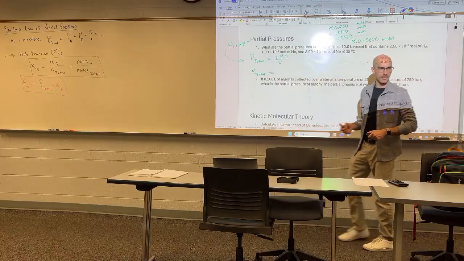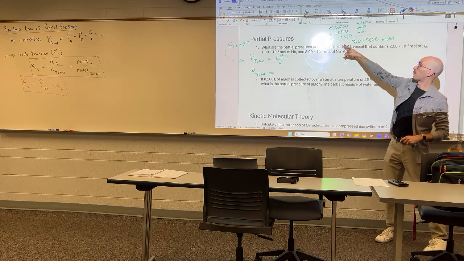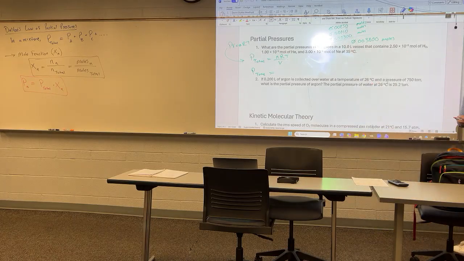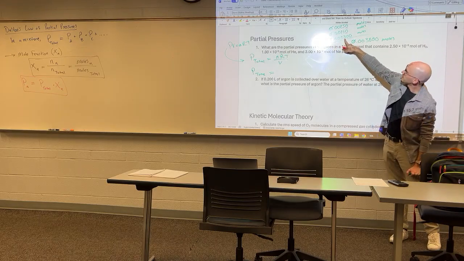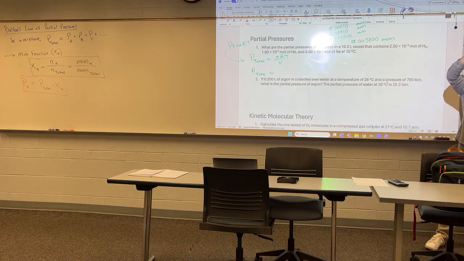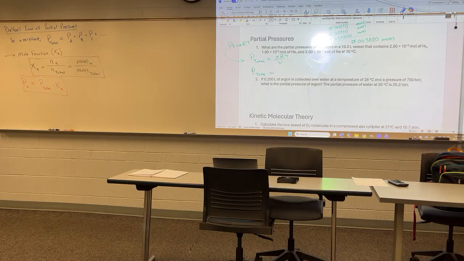How do I decide my number of sig figs from this calculation? Least number of decimal places. Well, this last number extends the furthest, which means these numbers decide my least number of decimal places. So I'm allowed to go to the tenths, hundredths, thousandths, ten-thousandths, hundred-thousandths. What is that? The fifth decimal place. 1, 2, 3, 4, 5. I'm allowed to go to here.